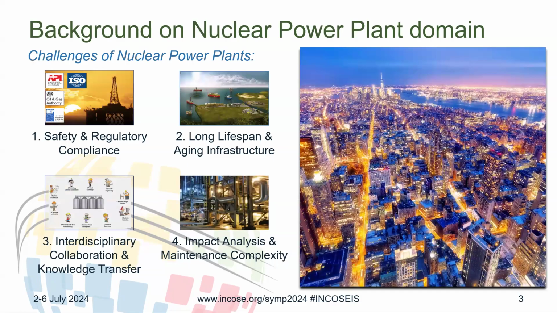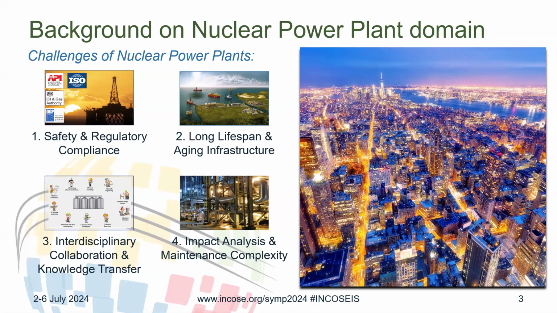One very important aspect of nuclear power plants is that safety and reliability are number one. That is why the development of a nuclear power plant has a very long cycle time. First of all, they have to do a lot of checking on safety and regulations they need to be compliant with.